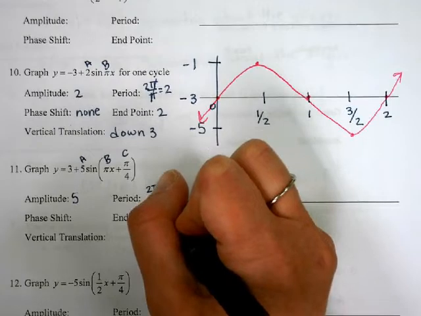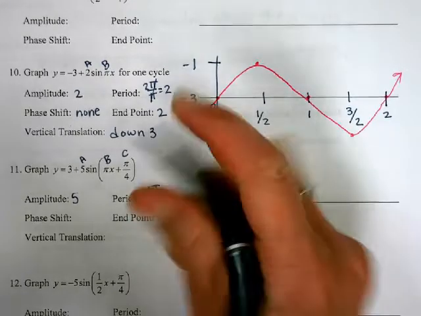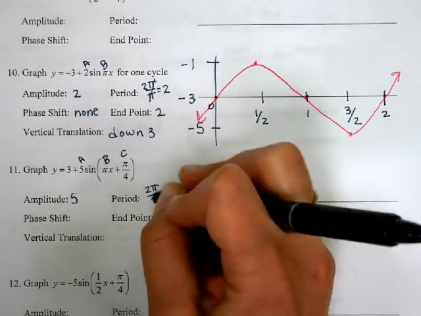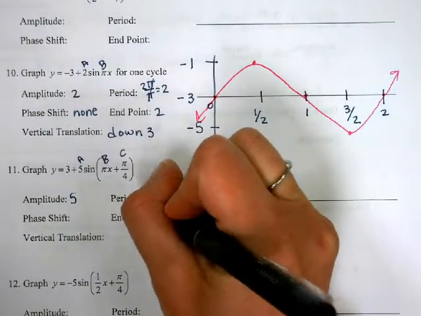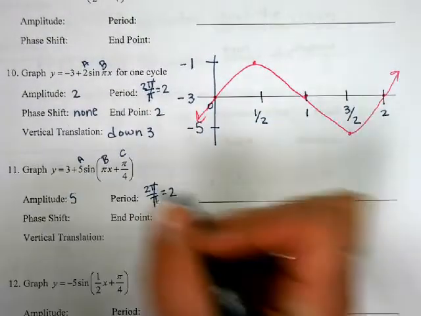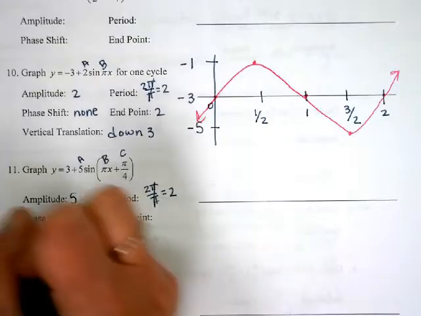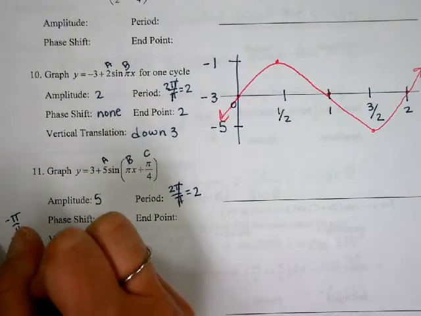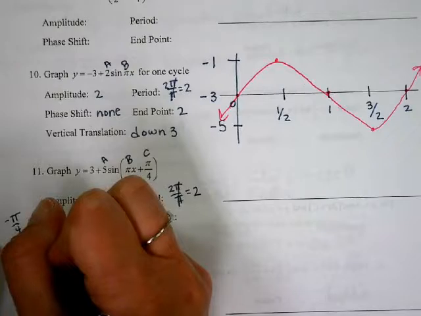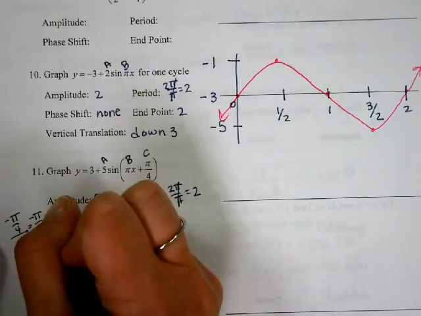Oops, sorry, 2 pi over pi. So 2. Phase shift is negative c over pi. So negative pi over 4 times 1 over pi. So negative 1/4.